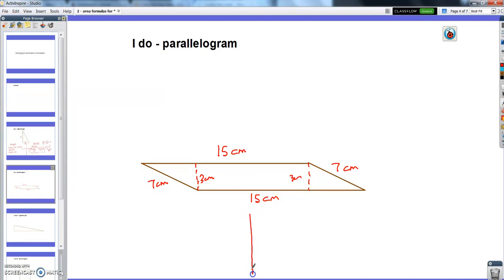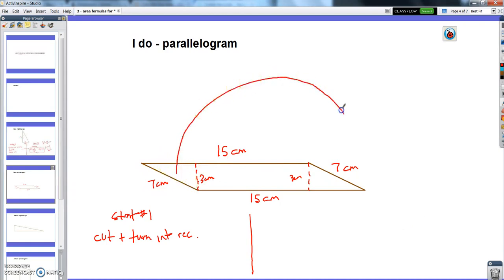So strategy number 1 was cut and then turn into a rectangle. So what we did, we took this, we cut it off, and we moved it over there so that we had a rectangle. I'm going to use another color.